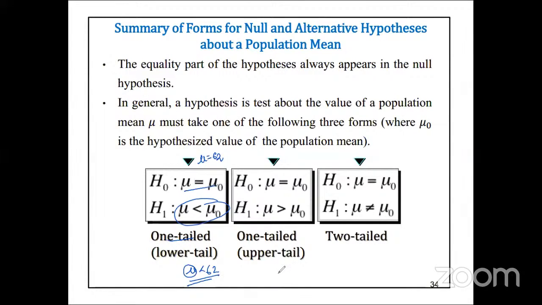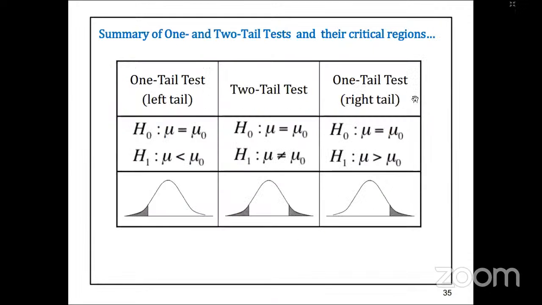The upper tail hypothesis will be mu greater than 62, that means you want to check whether the mean weight of female students in my class is more than 62, and the two-tailed hypothesis will be mu not equal to 62. So based on your hypothesis, you can have three types of alternative hypothesis: lower tail, upper tail, and two-tail. Depending on the situation, we'll see what is to be done.